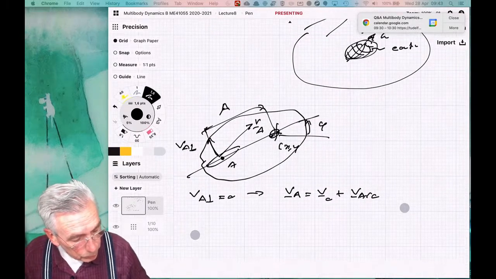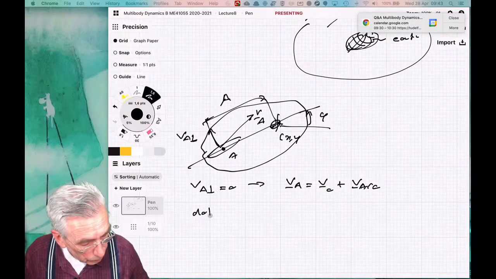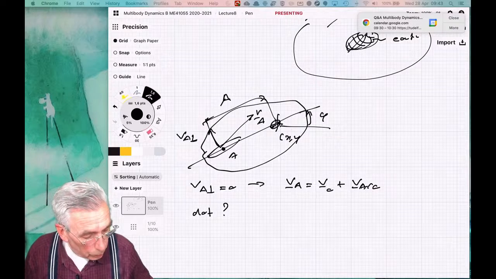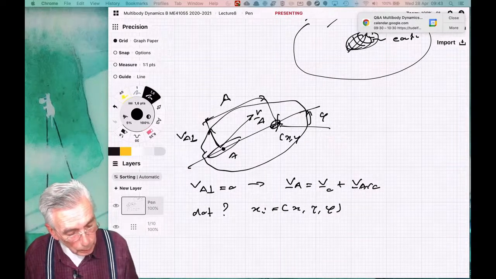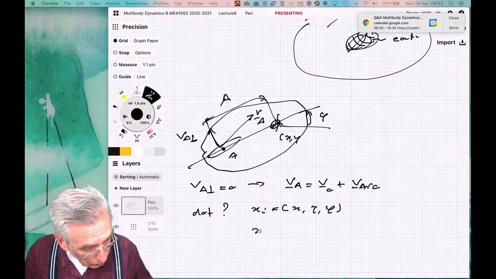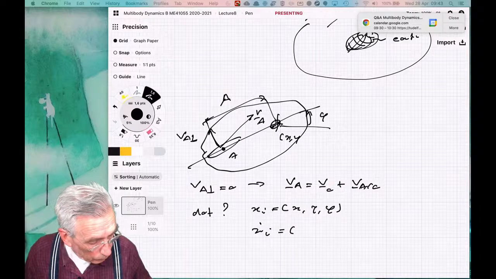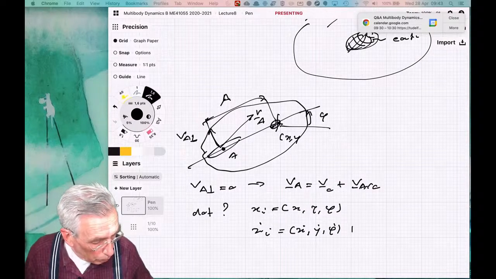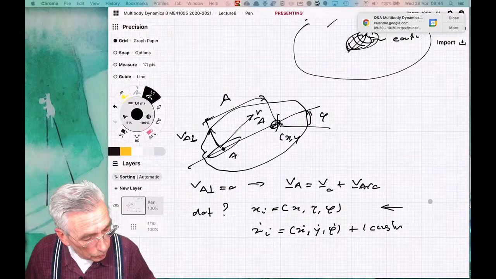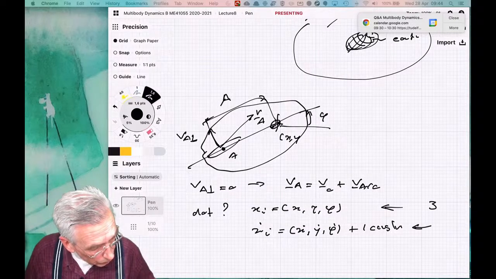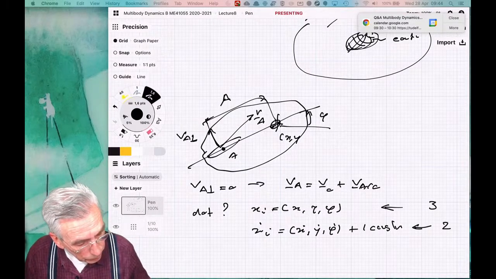Okay, how many degrees of freedom do we have for the system? Well, of course the coordinates are x, y and phi. And of course the speeds are x dot, y dot and phi dot, plus one constraint. So the degrees of freedom in the kinematic space is 3, but the degrees of freedom in the velocity space is 2.